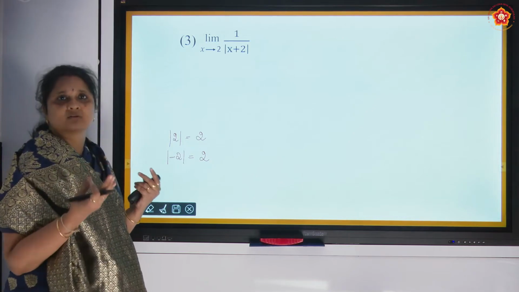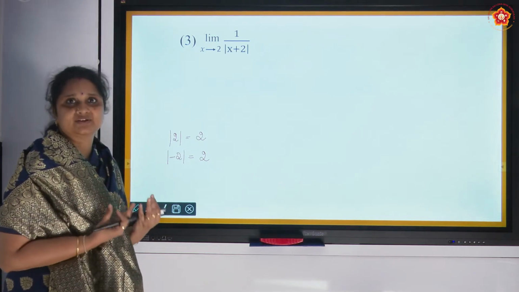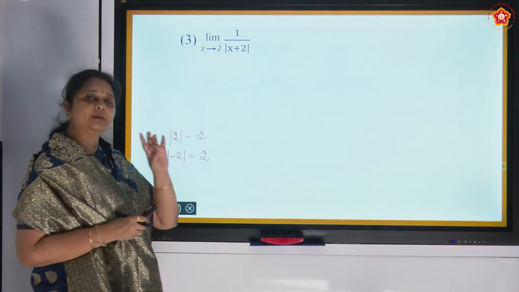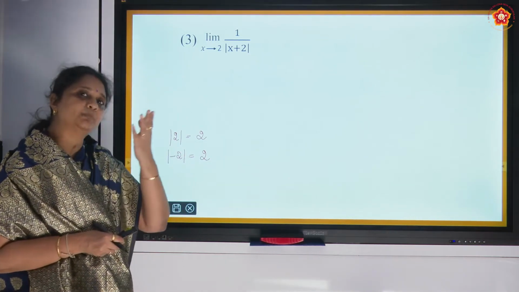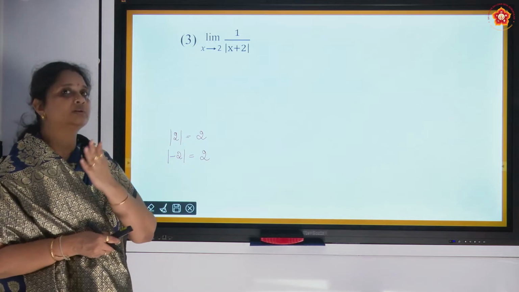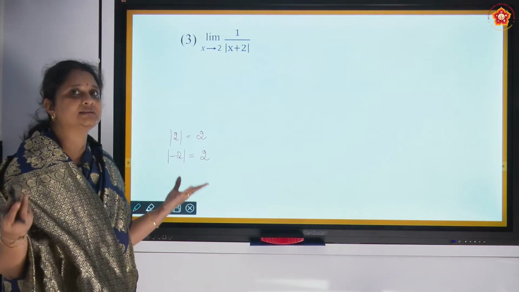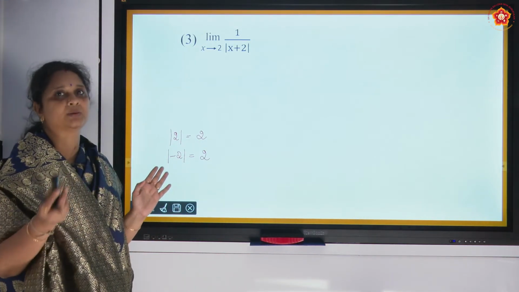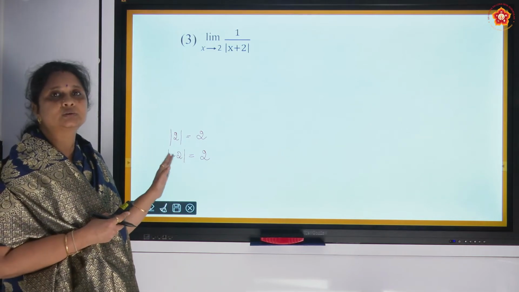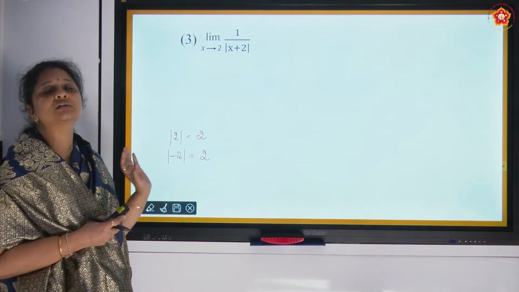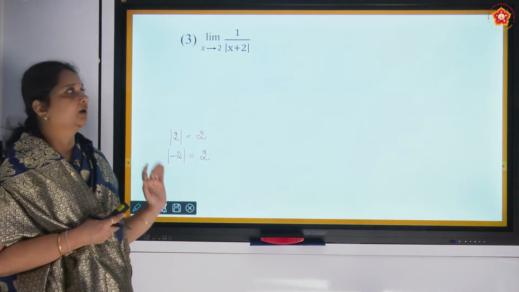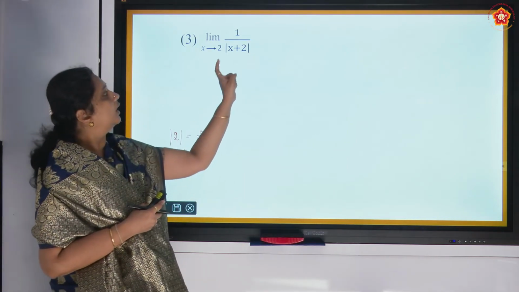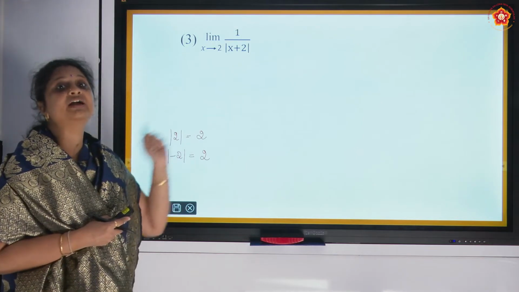So distance will not be attached to any sign, right? So minus 2 is going to be 2 jumps away from 0, but on the left hand side. Wherein your plus 2 is going to be 2 jumps on the right hand side. So ignoring the side, it's basically 2 jumps. So that is what we are looking into. The absolute value talks about only the value and not the sign, right? So now, how do you define this function?